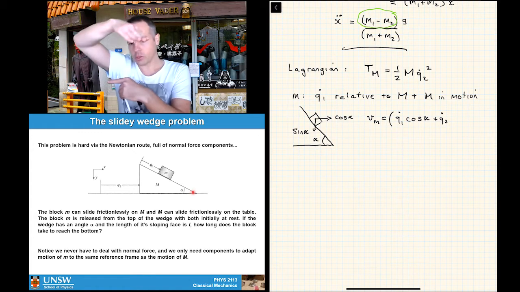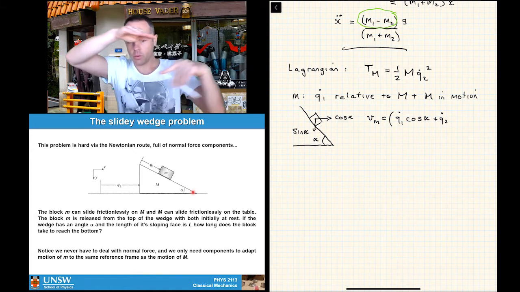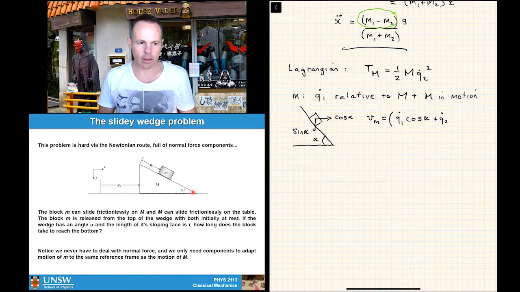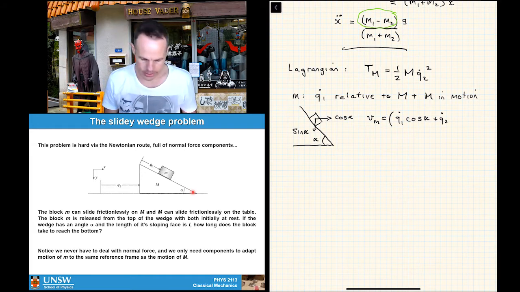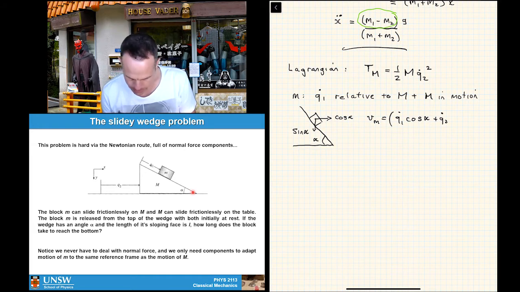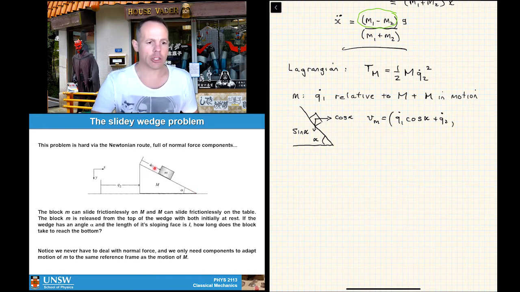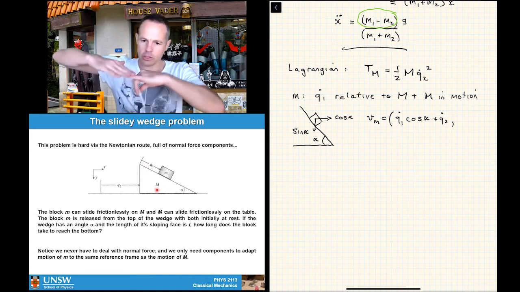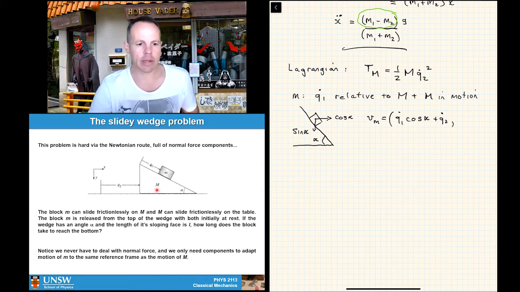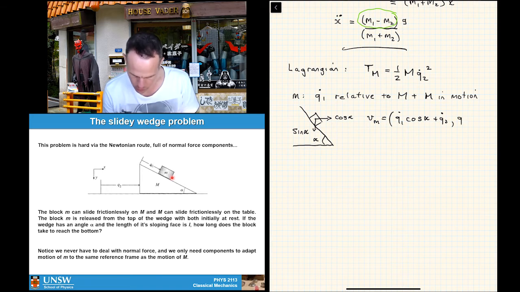So once we translate this by the angle, we've got two things that add together, with positive being to the right, okay? And then in my y direction, I don't have to worry about this block because it's constrained on a plane. It's not moving up and down. This one is, and so it's going to be q1 dot sine alpha. And of course we could call these vx and vy, right?